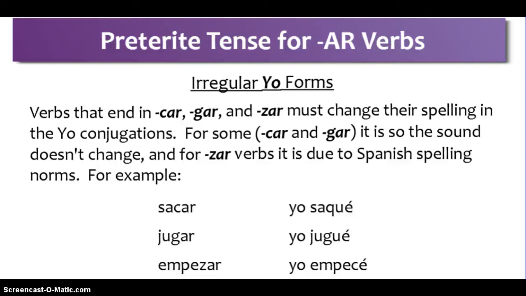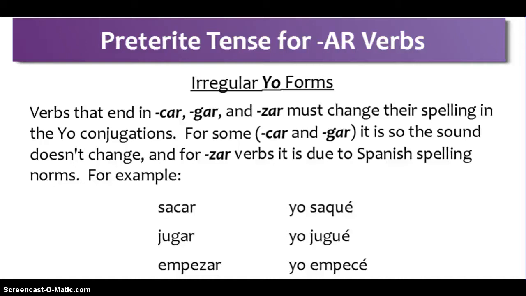When you conjugate sacar, you want to make sure you are still pronouncing it yo saqué, and you need the QU E with the accent to maintain that pronunciation. For jugar, same goes. Yo jugué, GUE, rather than just GE, maintains the pronunciation of the G sound. So yo saqué and yo jugué need the U and, in the case of sacar, also the Q spelling change to maintain the pronunciation.